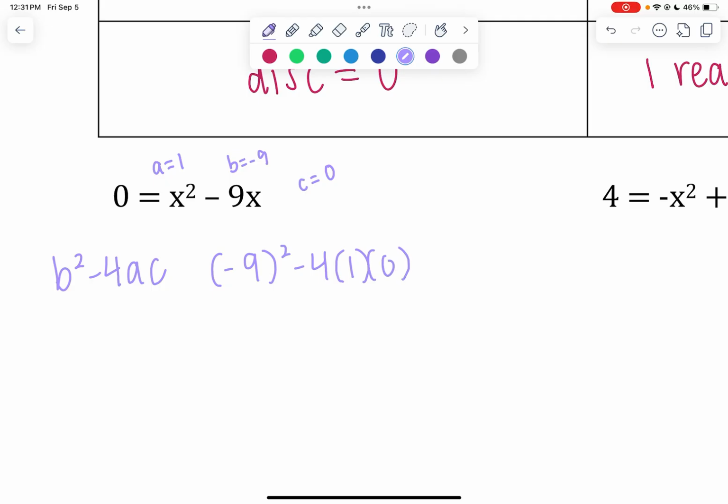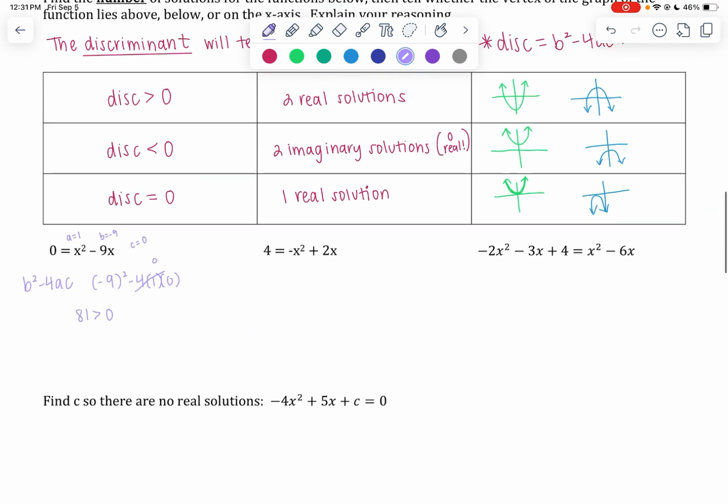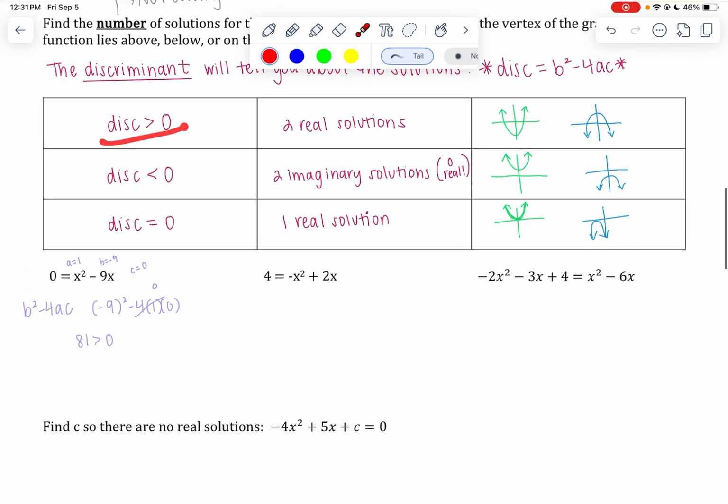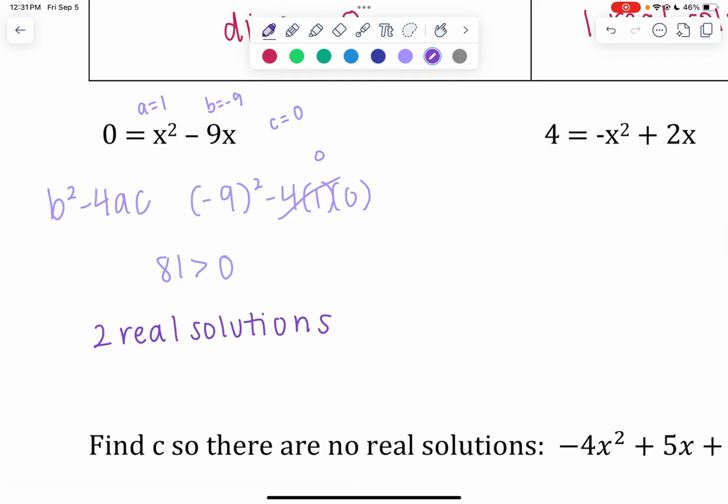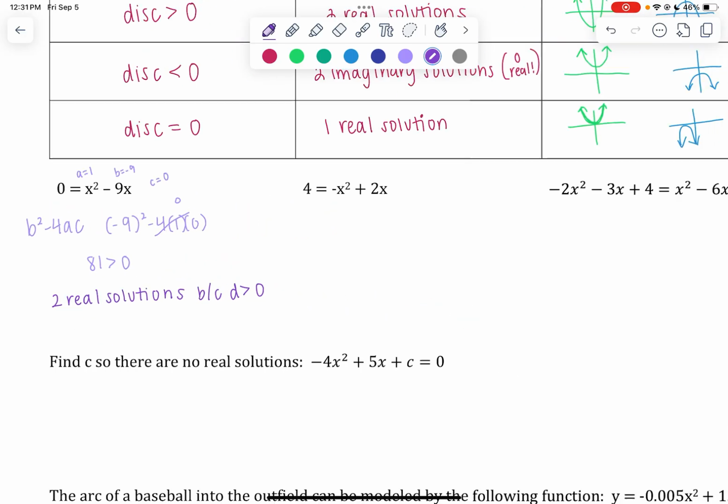Well, 4 times 1 times 0 is just 0. -9 squared becomes positive 81. 81 is greater than 0. So I have a discriminant greater than 0. That gives you 2 real solutions. Okay? And that's because the discriminant is greater than 0.